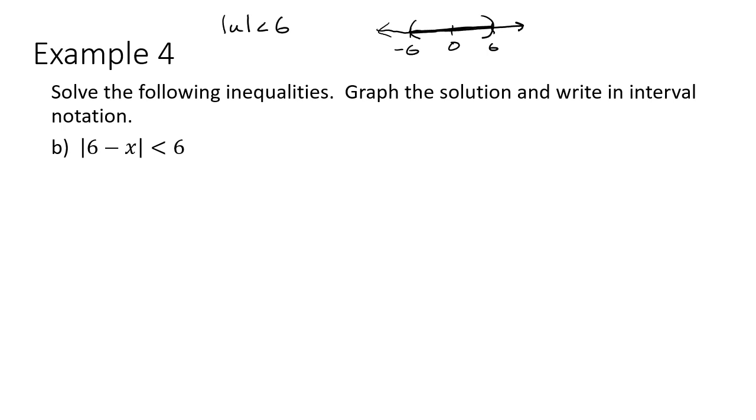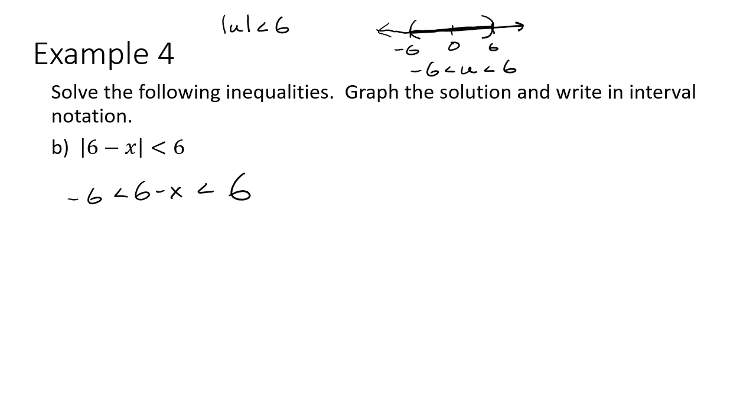So if this is in terms of u, u would be trapped between negative 6 and positive 6. So it's greater than negative 6, but less than positive 6. But u is 6 minus x. So we've got negative 6 less than 6 minus x less than positive 6.